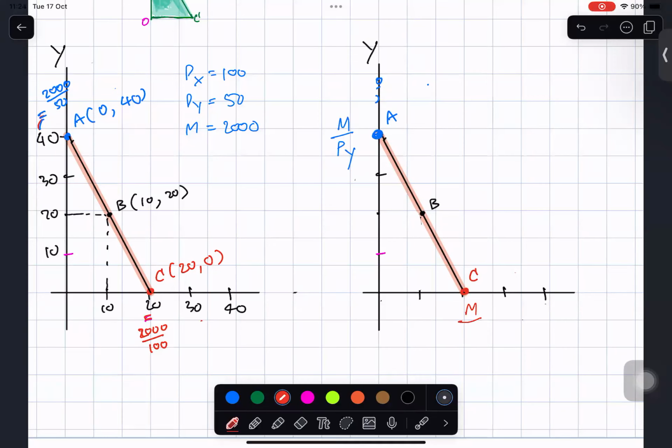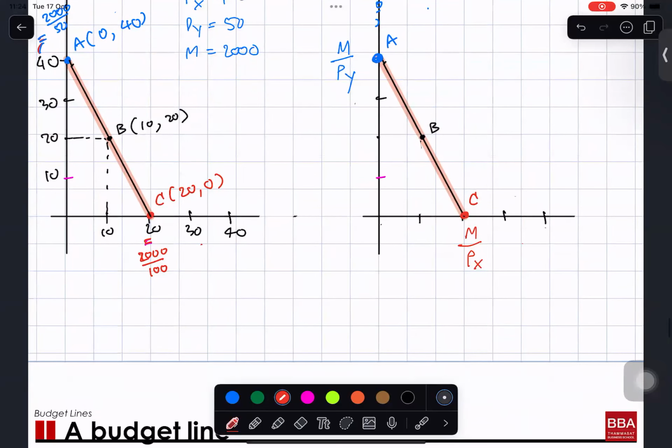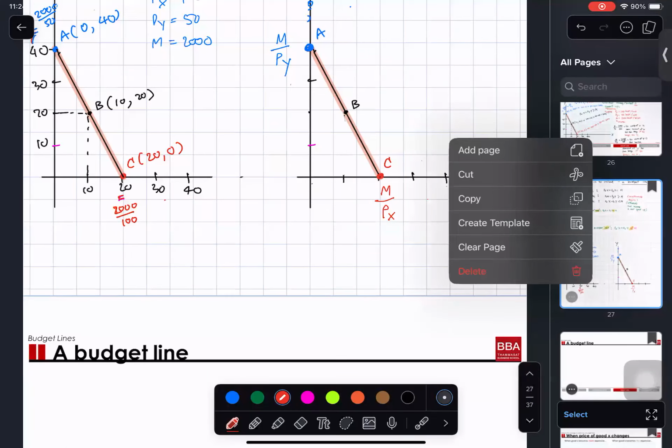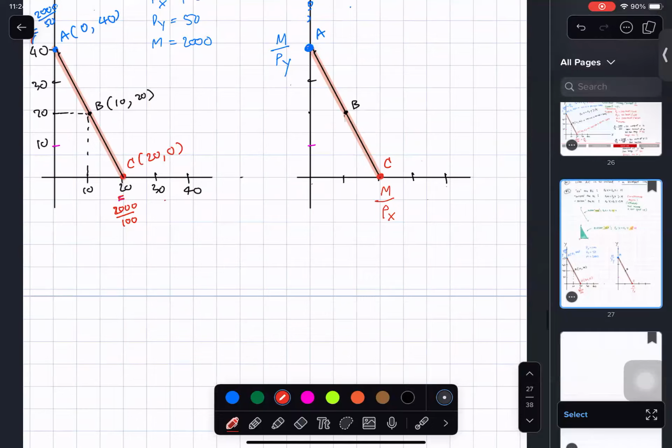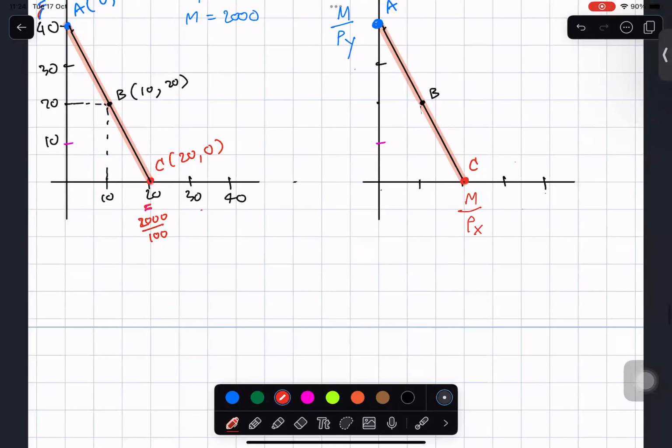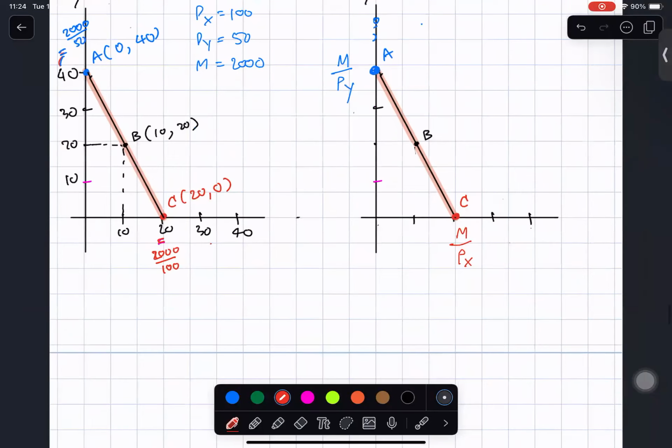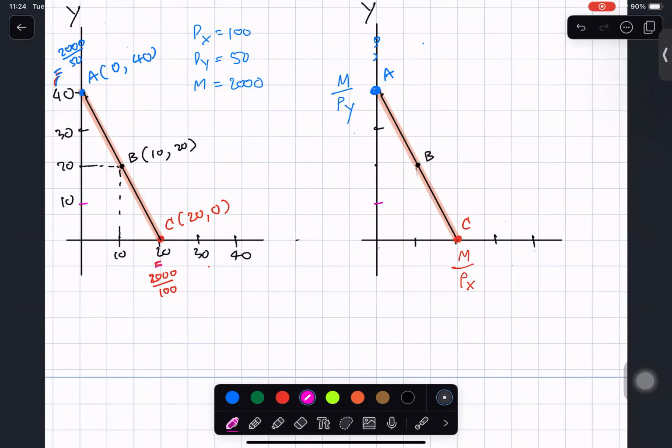We got this from budget divided by price of good X. And next, what we also know is that baskets on this line respect this equation.